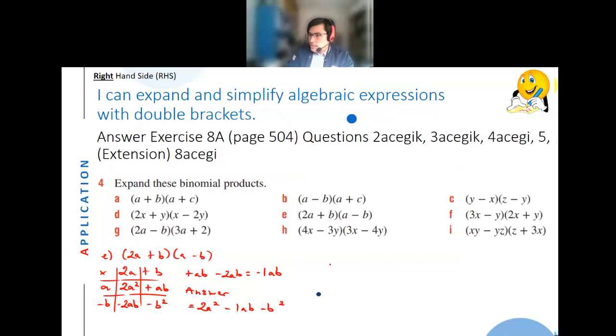And then we have G. So we've got 4x minus 3y and 3x minus 4y.